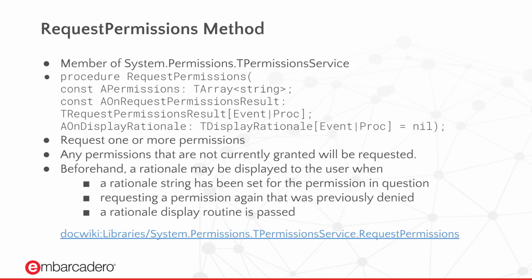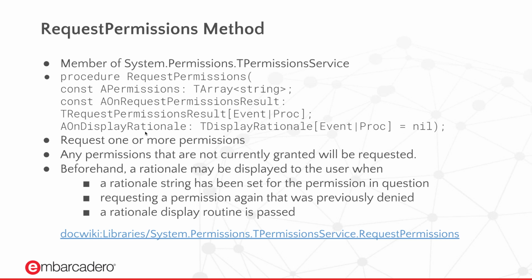Request permissions method. This is the method you use to request the permission. Now, you pass in an array of permissions, and then you also pass in either an event or an anonymous method that gets called when it's granted.